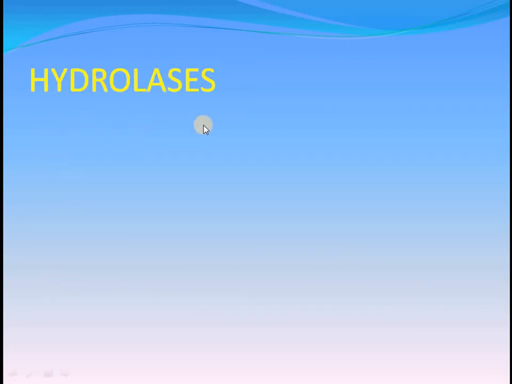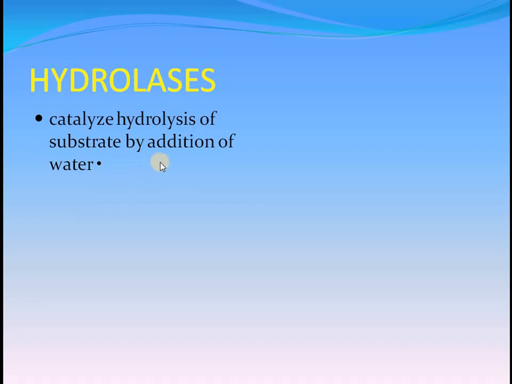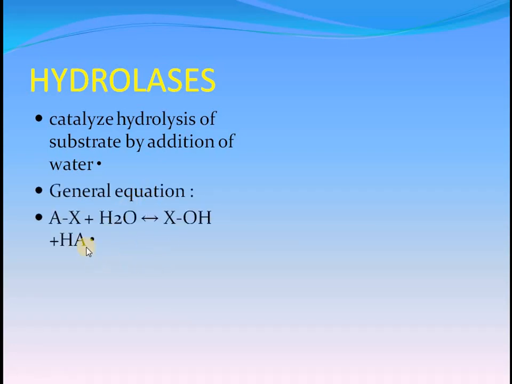Now the next is hydrolases. They catalyze the hydrolysis of a substrate by addition of water. The general equation is A-B or X, it can be anything here, meaning there are two reactants and there is addition of water, and then you can say in the products H and X, then OH plus HA is formed.